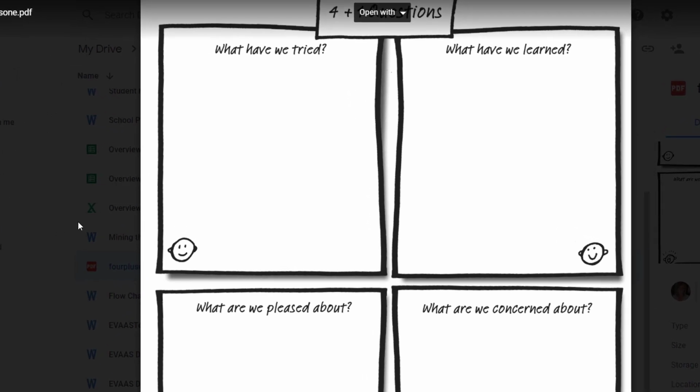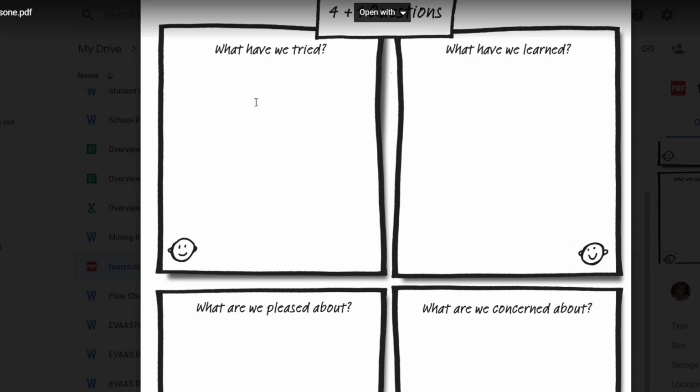For example, when I was a principal at the middle school, once the EVAAS data became available, we would have a big faculty meeting, including all of our teachers, and we would go through the value-added reports, analyzing what each report says, from the cohorts of the students to whether they met growth or didn't meet growth. And then we would talk about the results.